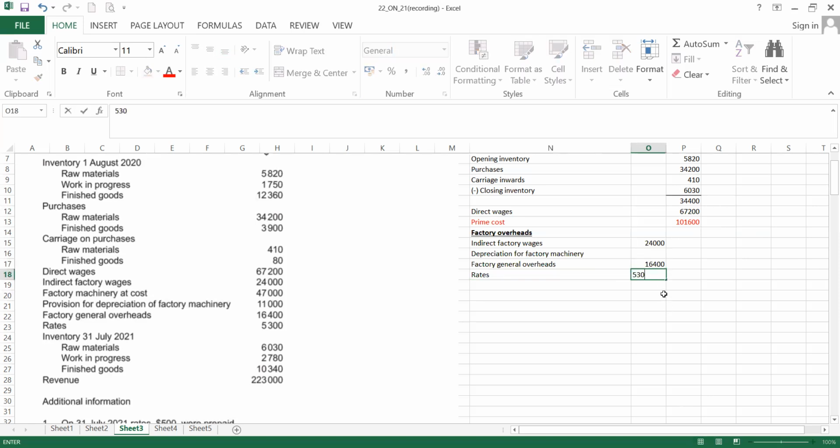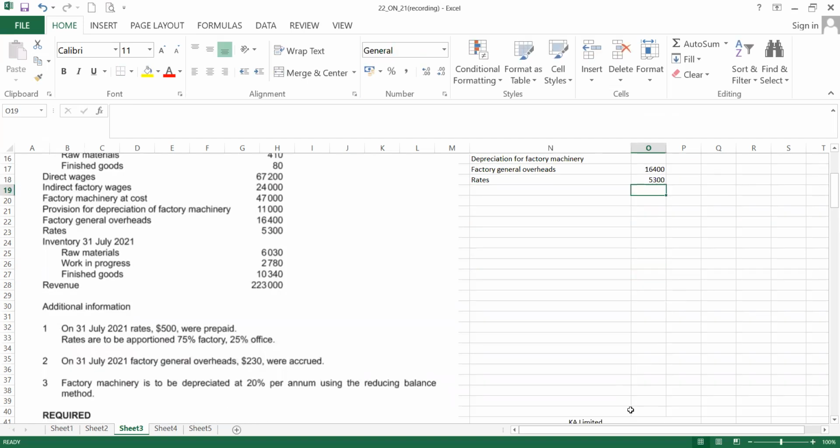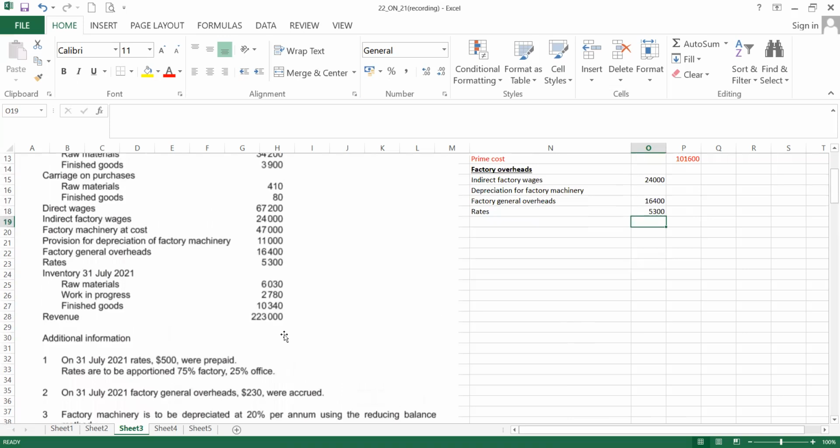Rate is 5300. Now we see what the items are in the additional information. On 31st July 2021, rates of 500 were prepaid. When they say prepaid, they are telling you this is prepaid at the end of the year, so we have to minus. But they also say that rates are to be apportioned 75% to the factory and 25% to the office. So we have to show the working.